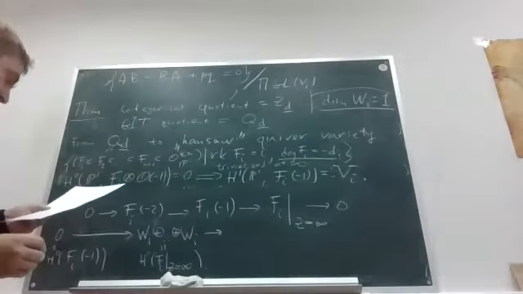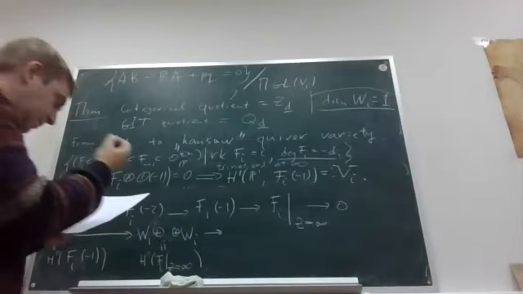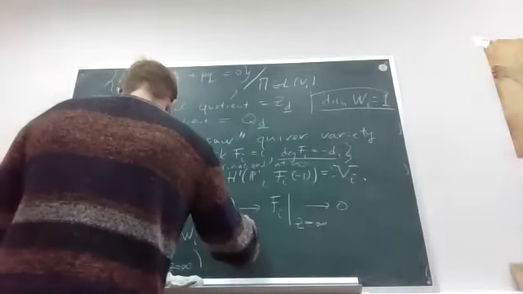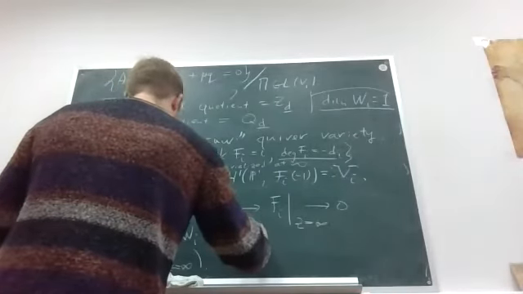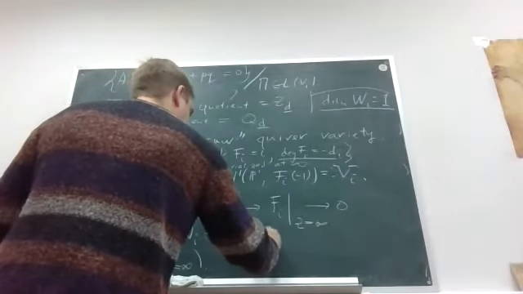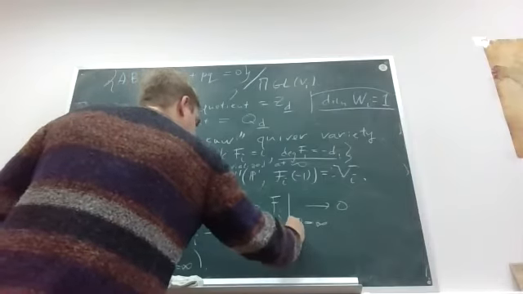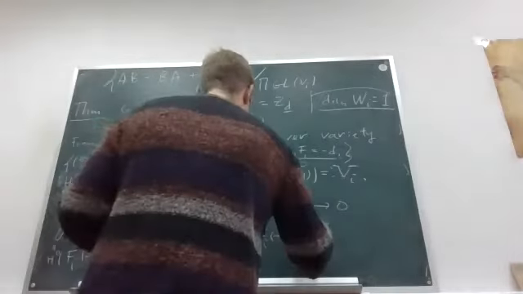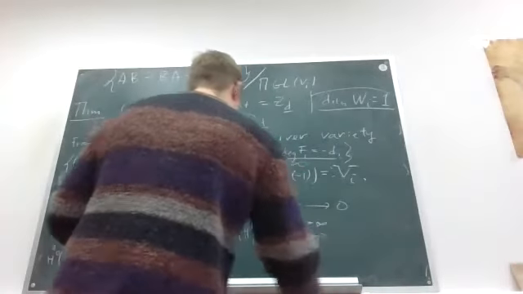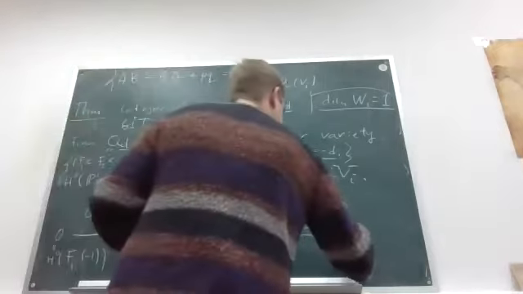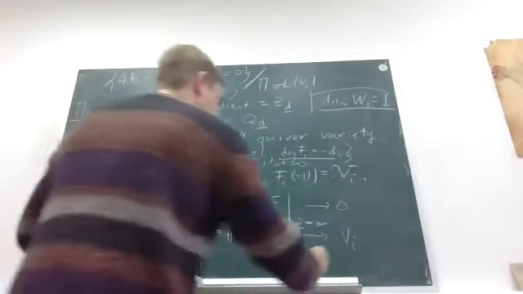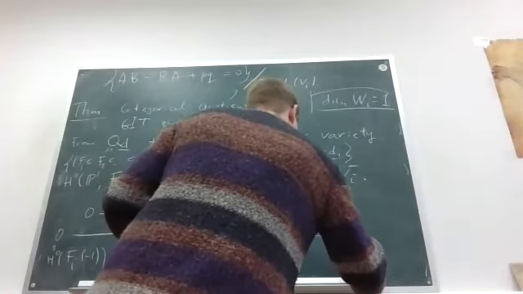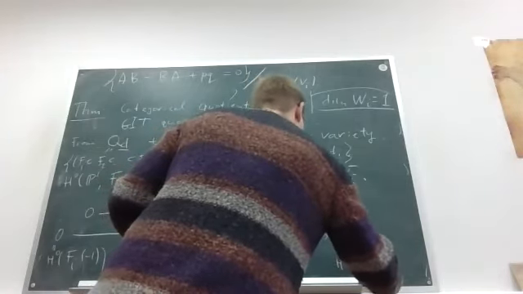Next, I have H1 of Fi of -2 and the di at the end, which is H1 of Fi.